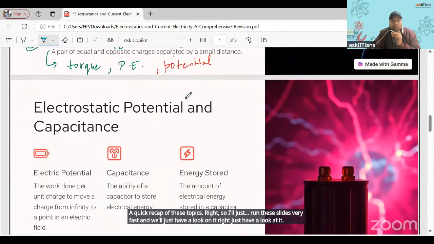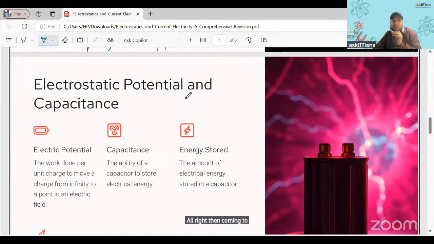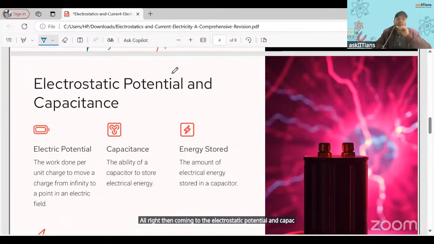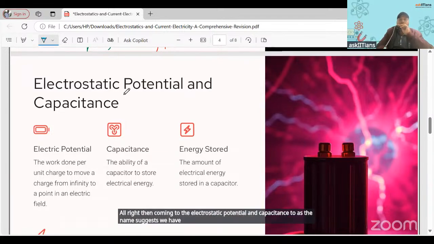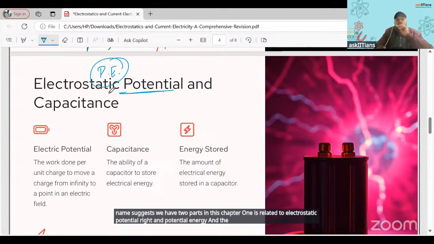All right. Then coming to electrostatic potential and capacitance. As the name suggests, we have two parts in this chapter. One is related to electrostatic potential and the associated potential energy of an electrostatic system, a system having charges at rest.